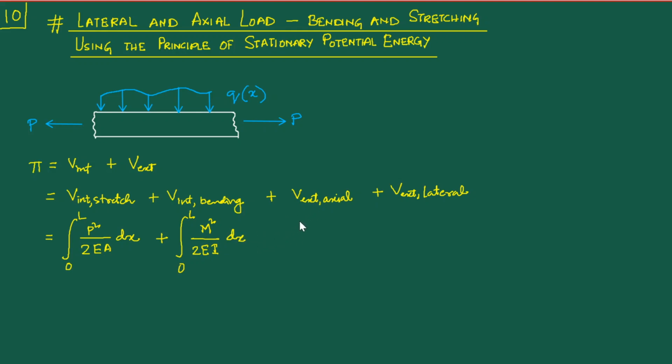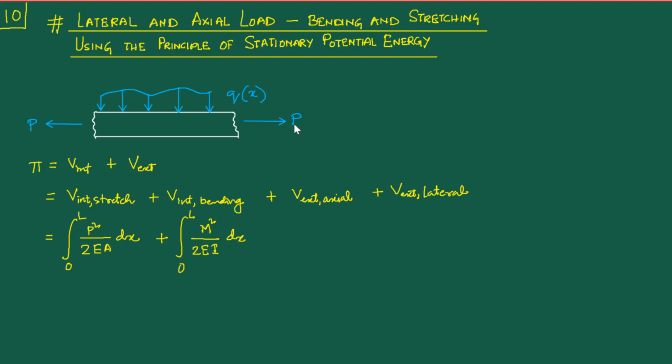Now for the V external axial, we note that this will be basically just the negative of the work done by the given axial load. So if you understand that this P and this P is applied at the two ends, then all that we really have to write is this P multiplied by the displacement at the two ends.